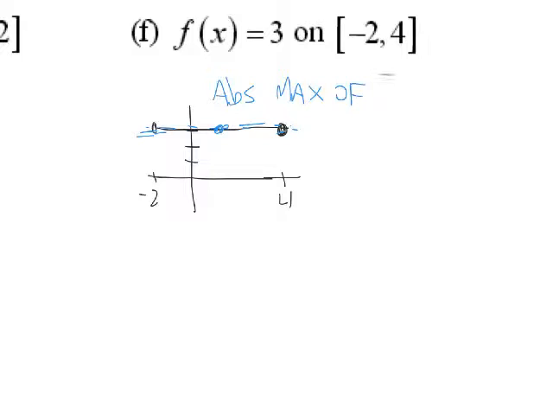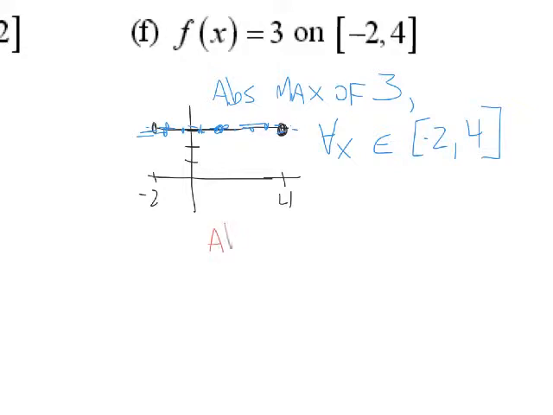Absolute max of 3, because there are no values higher than 3 on that interval. And if we want to explain where that is, this actually occurs at all x. That upside down A means for all x that are in the interval of -2 to 4. So it occurs at several locations. Any x within the interval of -2 to 4.